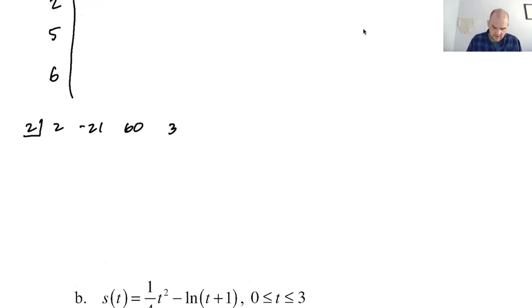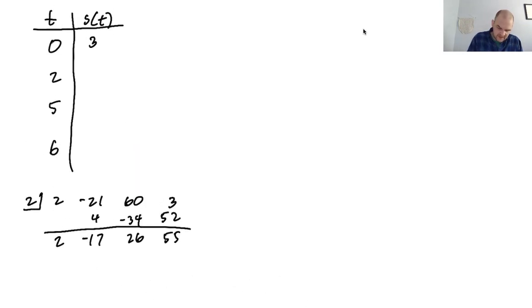Bring down the 2, multiply, add down to get 26, multiply to get 52, and add down to get 55. So s of 2 should be 55, unless I made a mistake, which I hope I didn't. 17 times 2 is 34.